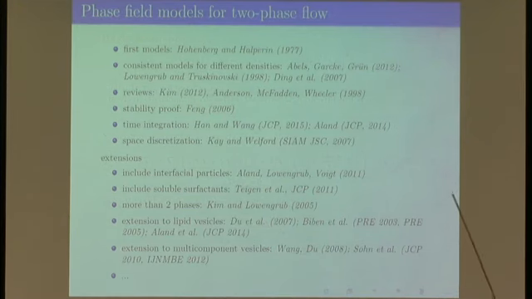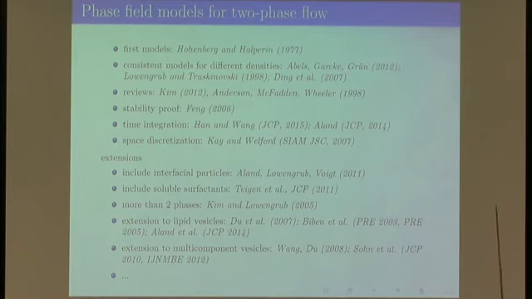Okay, so there is a lot of literature about phase field models for two-phase flow. The first model, very similar to the one I presented here, was found in the 70s by Hohenberg and Halperin. And then consistent models for different densities have only recently been proposed.